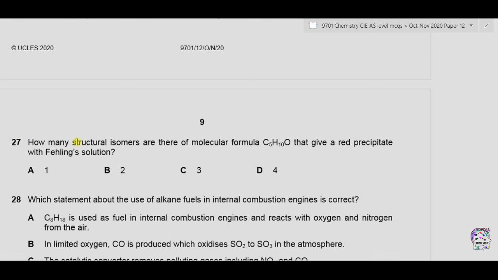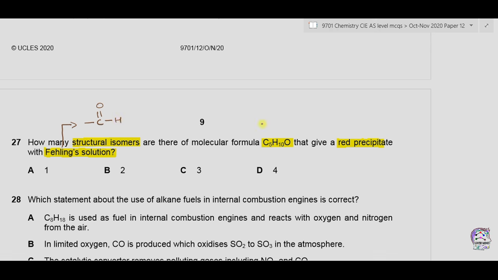Question 27. How many structural isomers are there of molecular formula C5H10O that give a red precipitate with Fehling's solution? Now Fehling's solution gives positive result only with those compounds that have aldehyde functional group present.